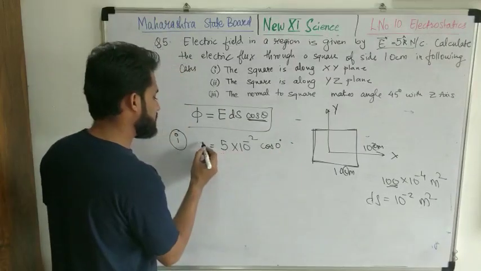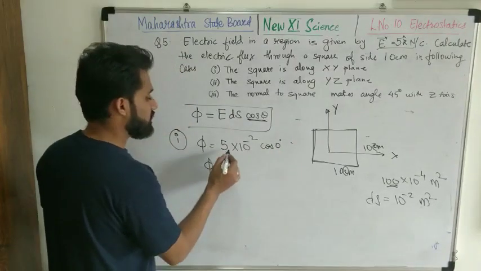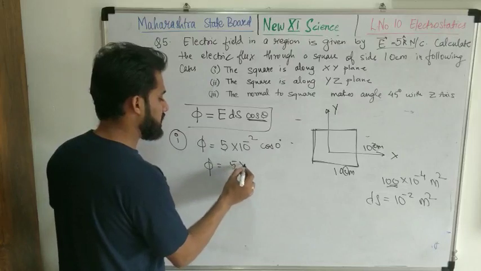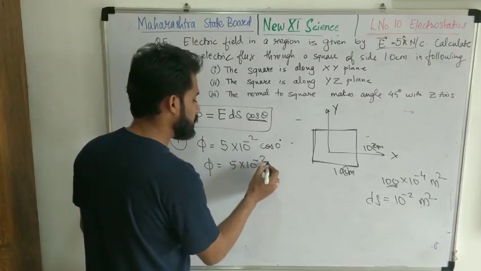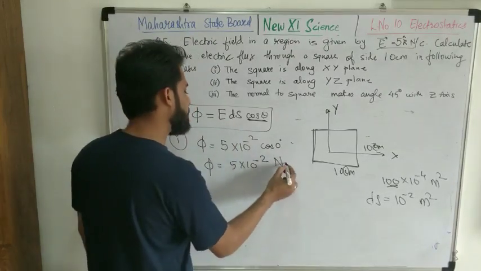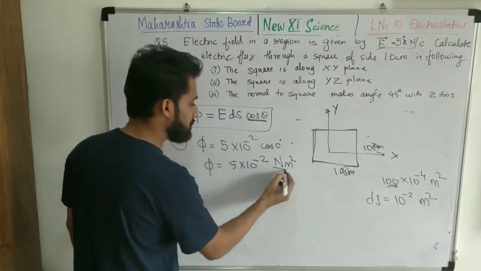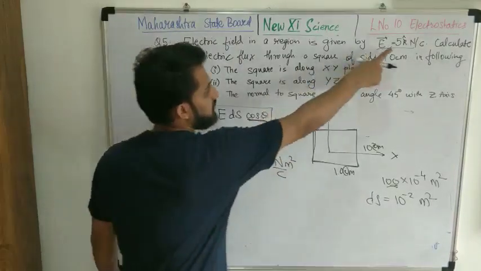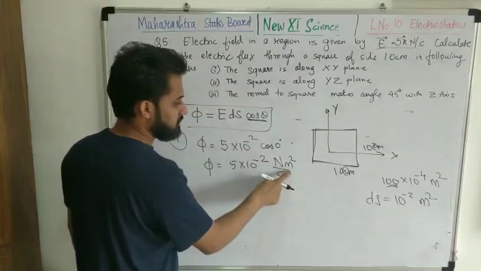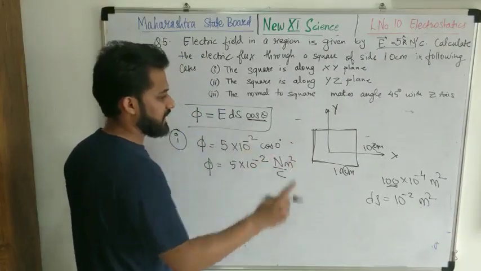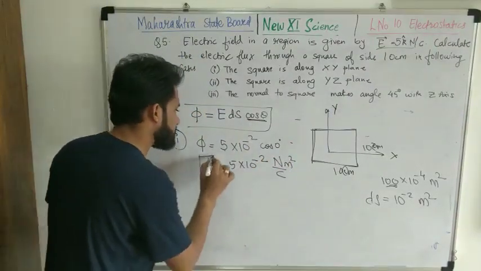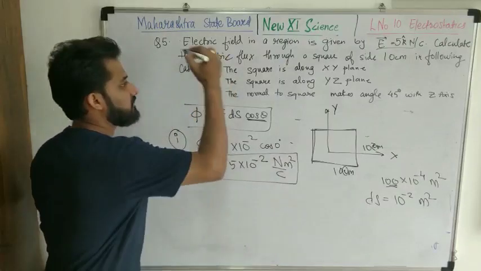So the answer in the first case will be 5 into 10 raised to minus 2. The unit will be Newton meter square per Coulomb. Newton per Coulomb is the unit of E and ds has the unit meter square. Cos theta has no unit. So this is the flux in the first case.